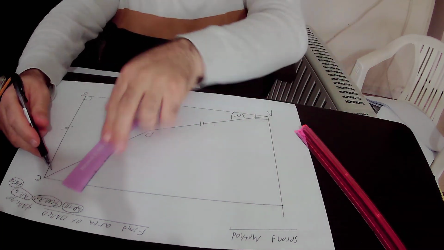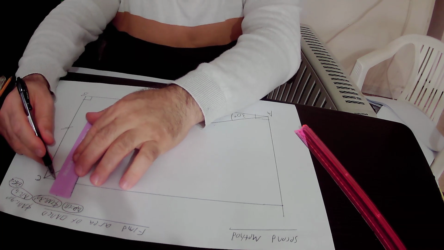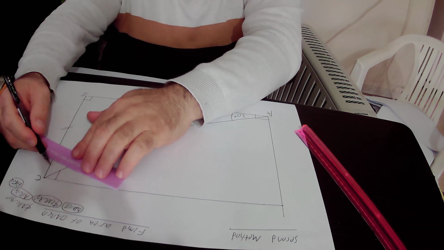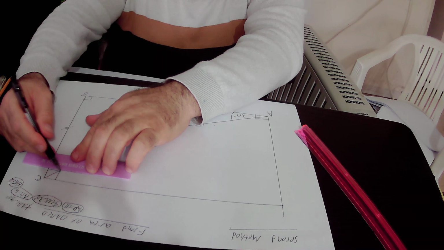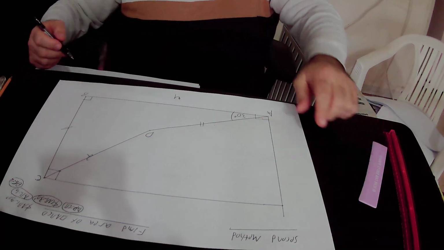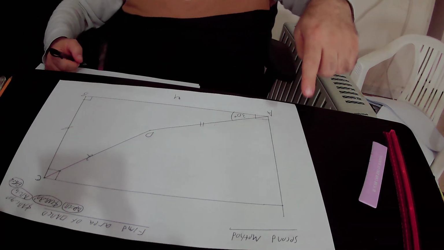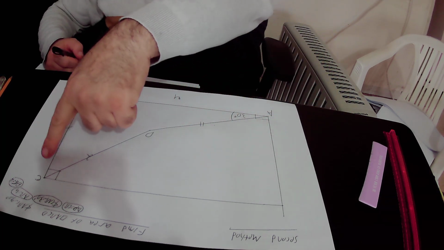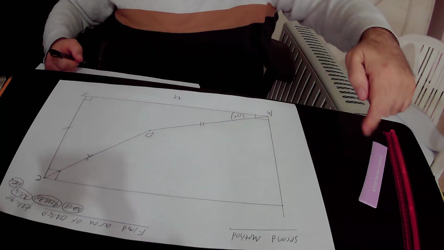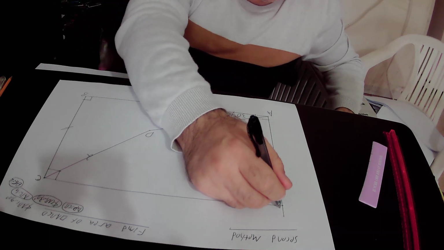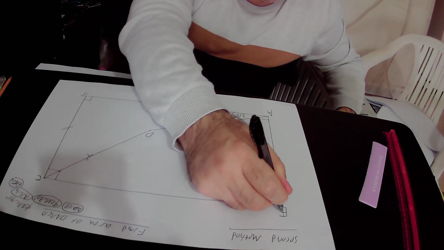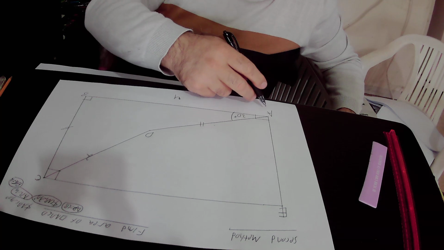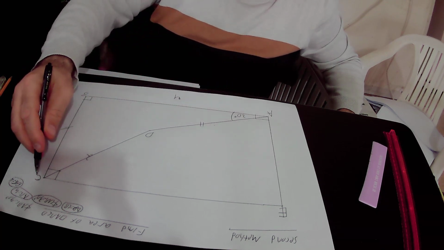So this angle will be equal to 90 degrees, it is a right angle. And we will define the intersection point between the perpendicular from point A and the perpendicular from point C as point E. Point E is the intersection point between the perpendicular from point A and the perpendicular from point C.